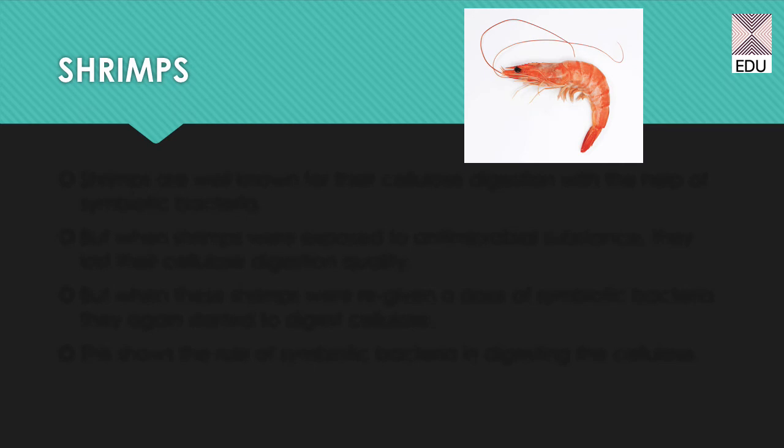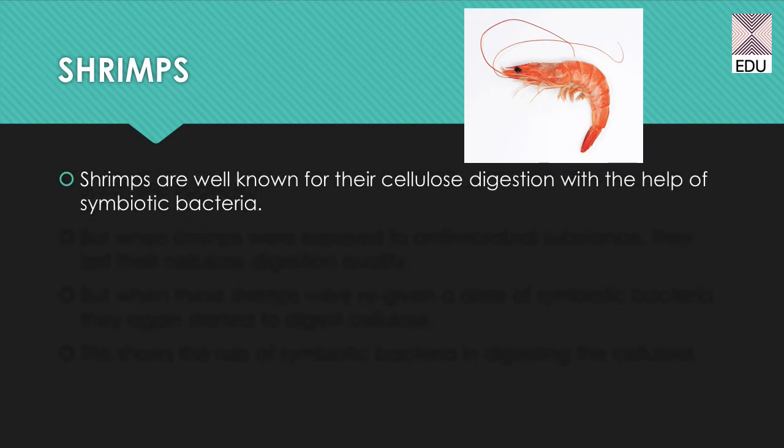The very first example that I am quoting here is shrimps. We do not usually see or visualize shrimps as cellulose digesting animals, but shrimps are well known for their cellulose digestion with the help of symbiotic bacteria. So it is very clear that shrimps do not produce their own cellulase enzyme, but they have symbiotic bacteria.